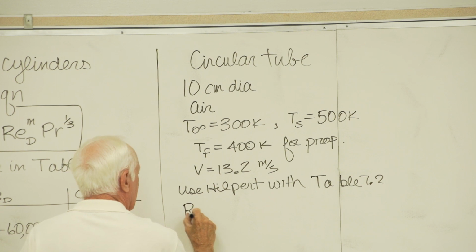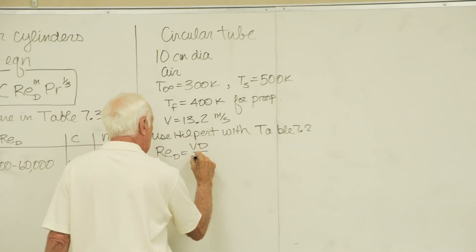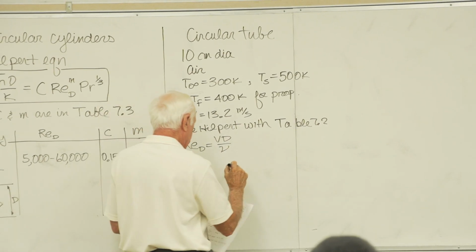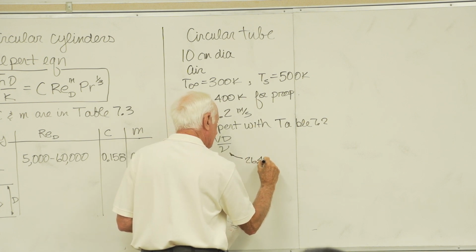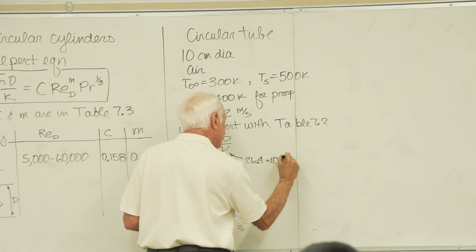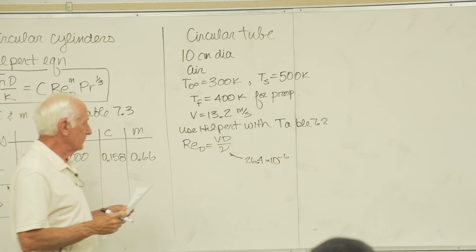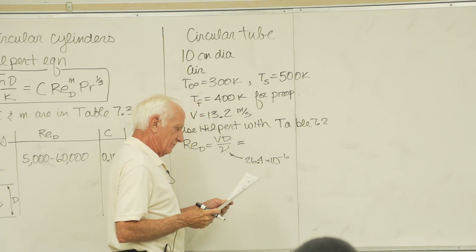Okay, first thing we do, calculate the Reynolds number, of course. Kinematic viscosity, back of the book, appendix at 400 K, air. We know the velocity, we know the diameter.